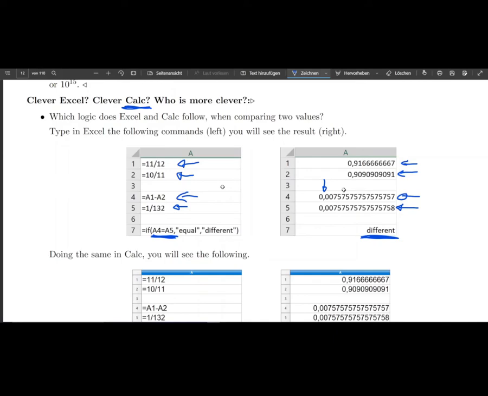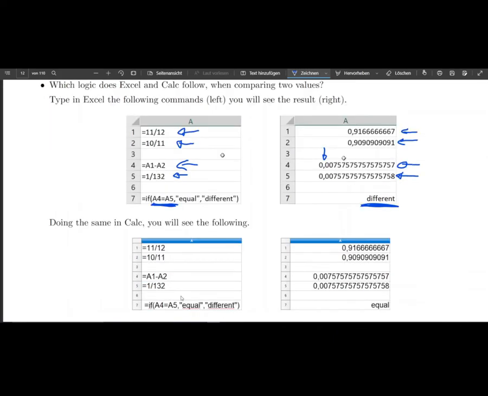We subtract two values which are close together, and so we get a rounding error. And we can see that rounding error. Excel follows the logic: if there is the command compare, then I compare the bits, and if not all the bits are equal, then the content of the cell is not equal, it is different. So a logical behavior. Let's do the same in Calc.